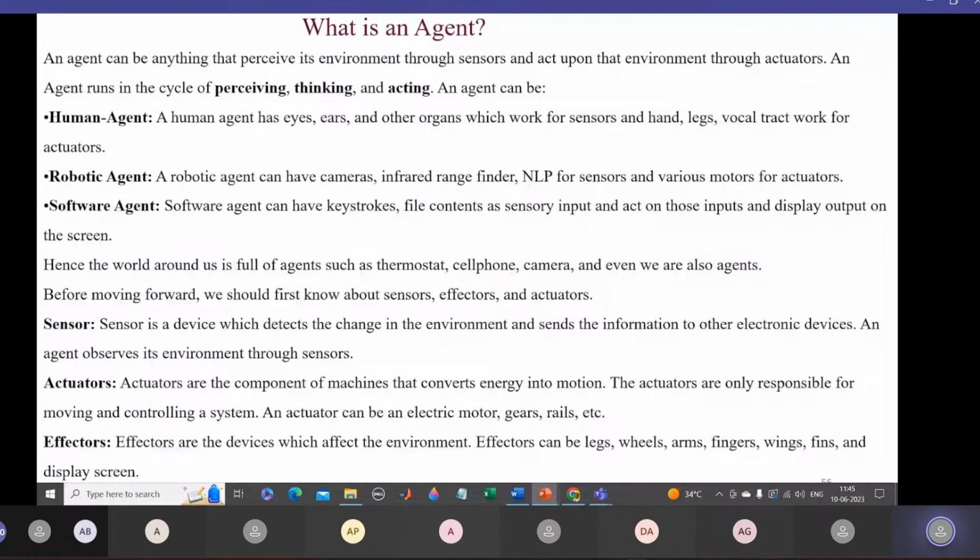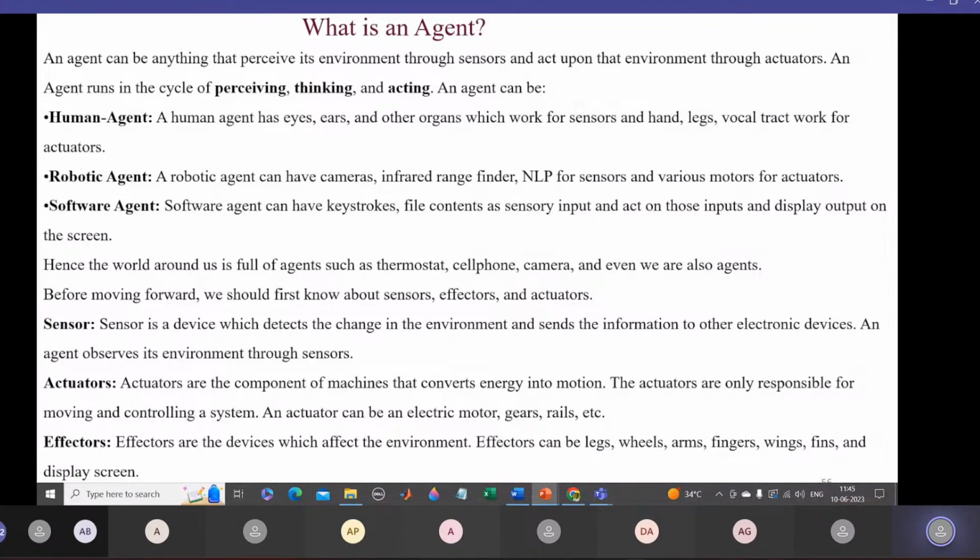A robotic agent can have a camera, infrared rays for finding, sensors, and various motors for making these actions. Then we have the software agent. Keystrokes and files are the sensory input, and based on the input, you can have the output displayed on the screen. So here we have full of agents: cell phone, camera, everything is becoming an agent.